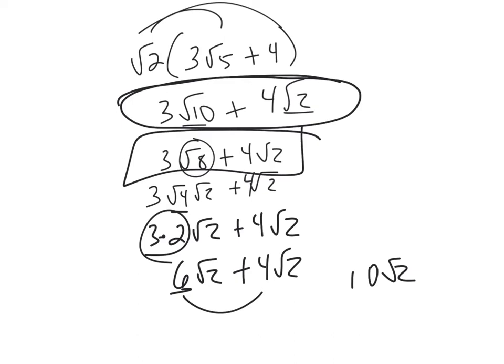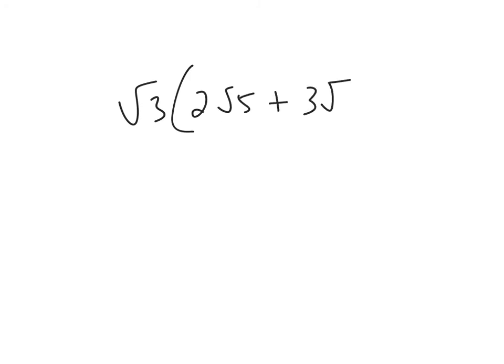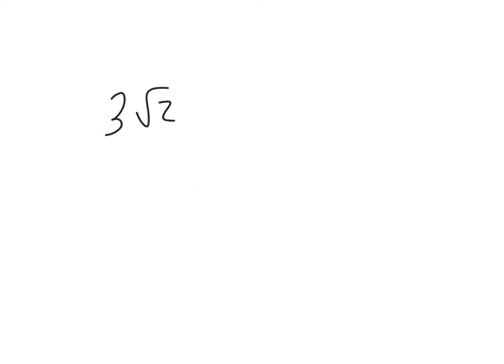Okay? So I'll do another one of those here real quick. Let's go radical 3 times 2 radical 5 plus 3 radical 7. All right, so they won't be reducible here. So we'd have 2 radical 15 plus 3 radical 21. Okay? Or if we had 3 radical 2 times 4 radical 3 plus 5 radical 5.